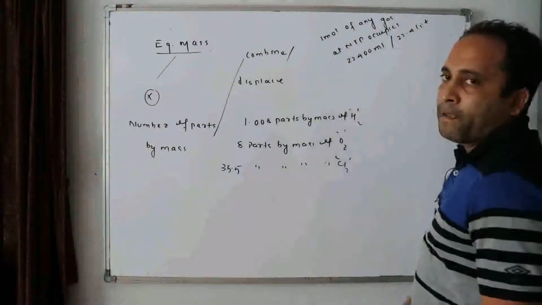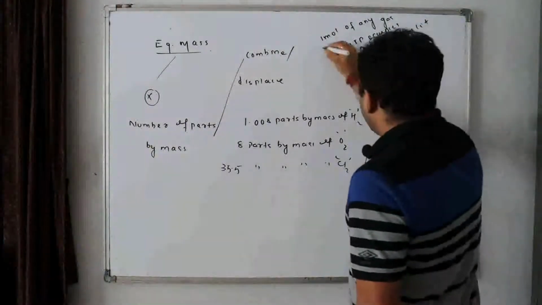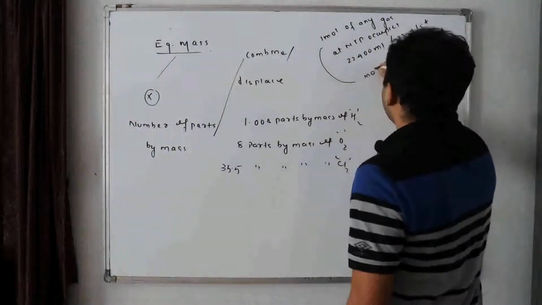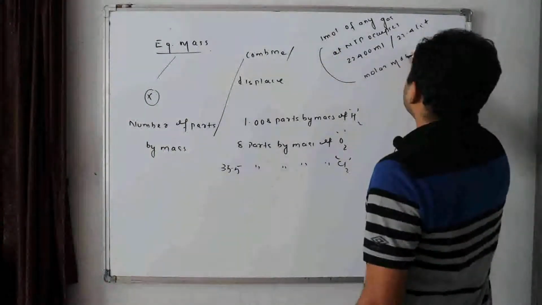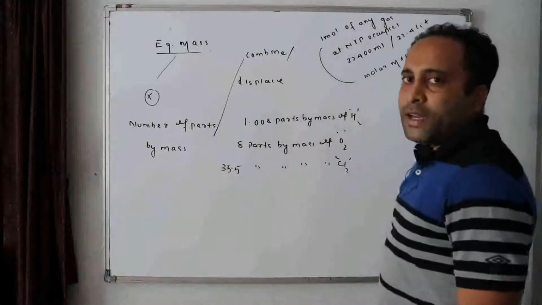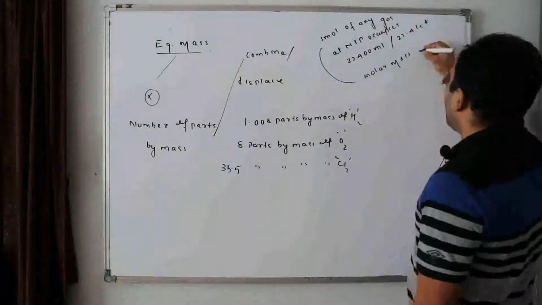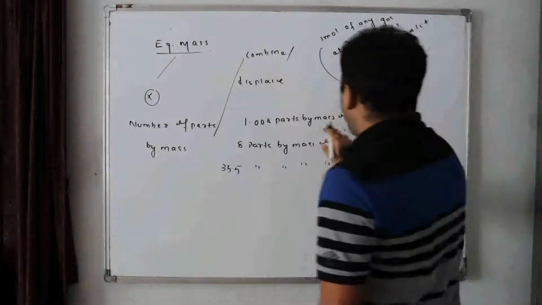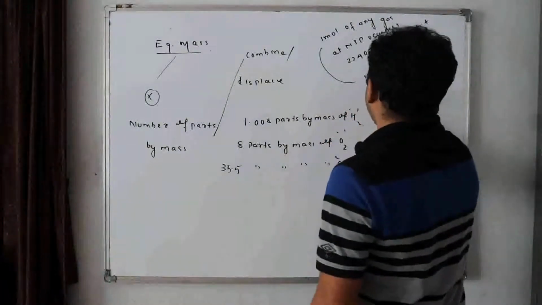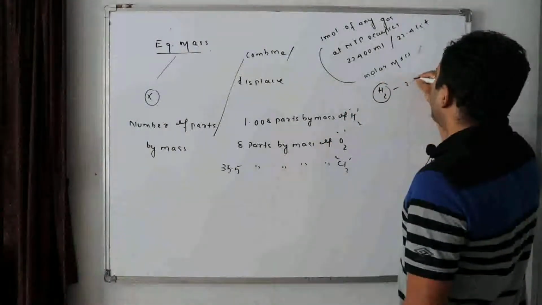Say yes or no? Now that 1 mole mass is what? Molar mass, isn't it? Clear? Molecular mass expressed in grams. In case of hydrogen, what is the molar mass? 2.016.